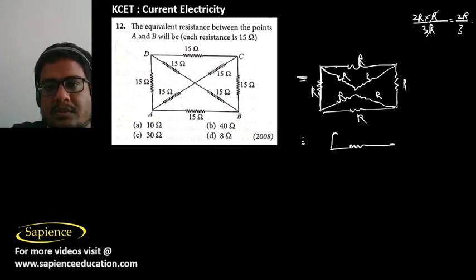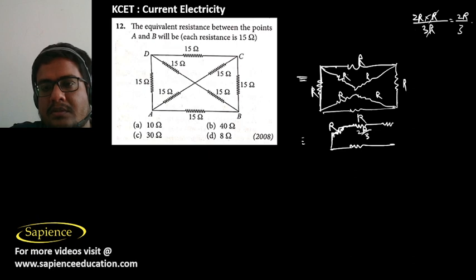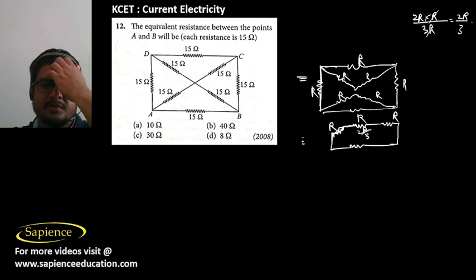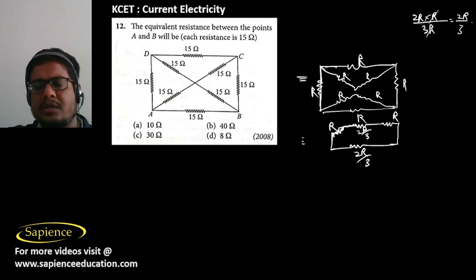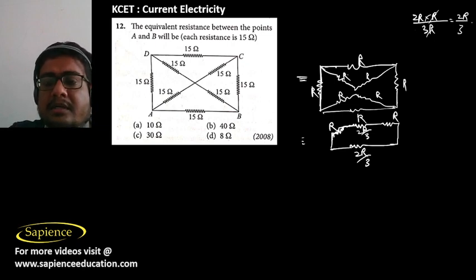This part is R, this part is the resistance R, and here we have 2R by 3, and this is also R. Here we also have their equivalent 2R by 3, since 2R and R are connected in parallel.